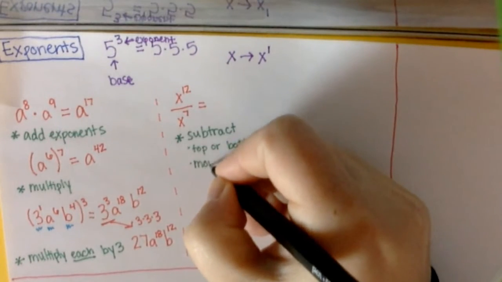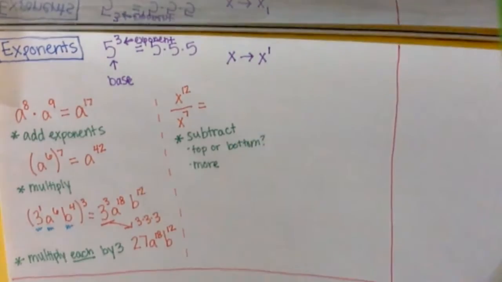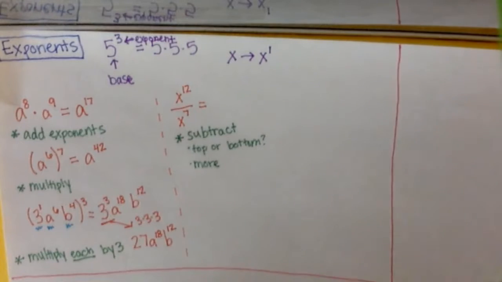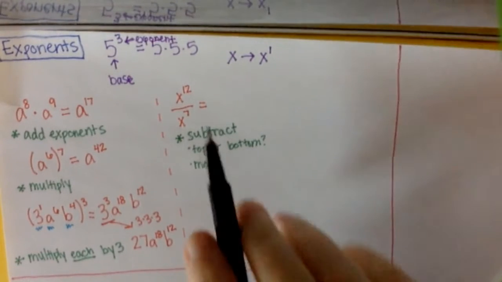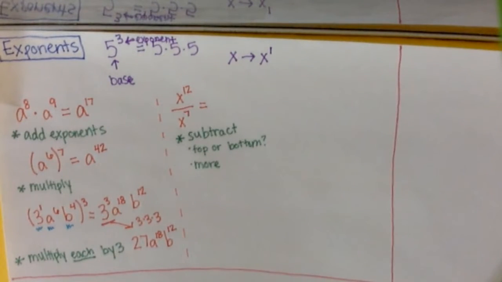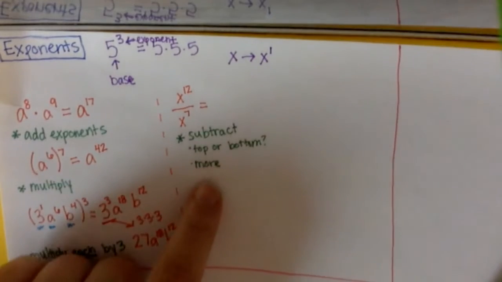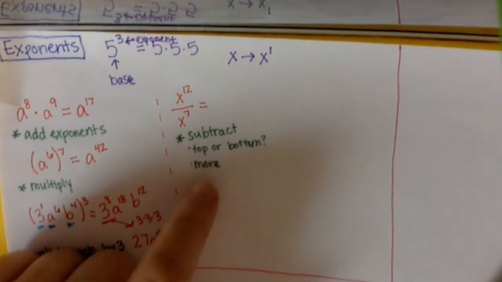Close. We have a dividing here, but what are we going to do with the 7 on the outside, with those inside ones? Distribute.